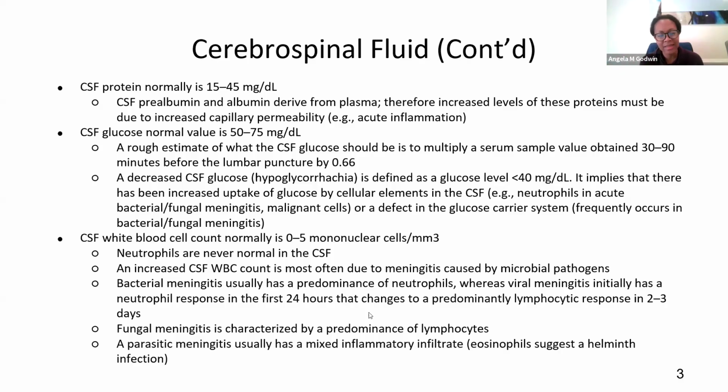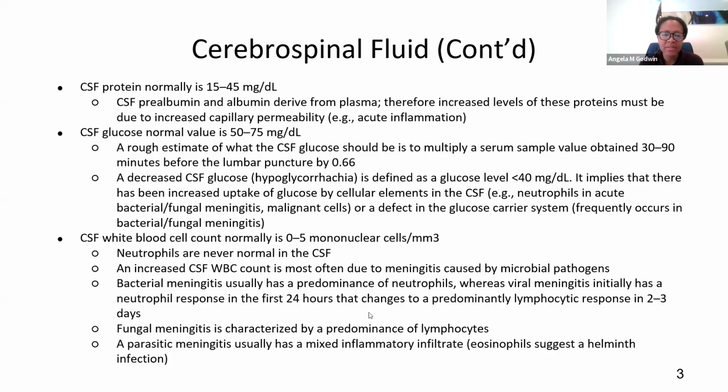If it's less than that, the term is hypoglycorrhachia, almost like a hypoglycemic state for the cerebrospinal fluid. When you think about that, it's usually because there's some sort of pathogenic process utilizing that glucose, so we're talking about something less than 40. So what eats up glucose?